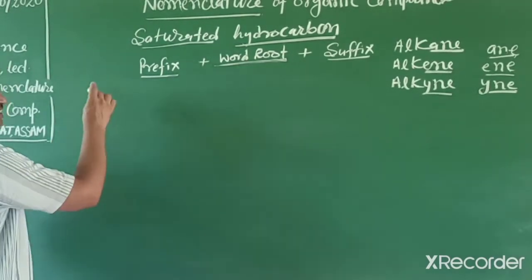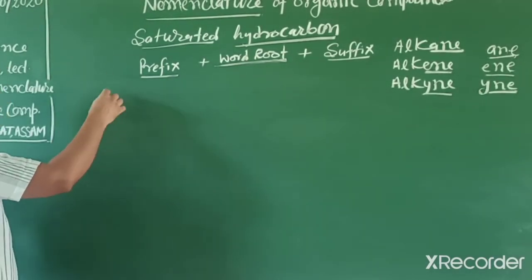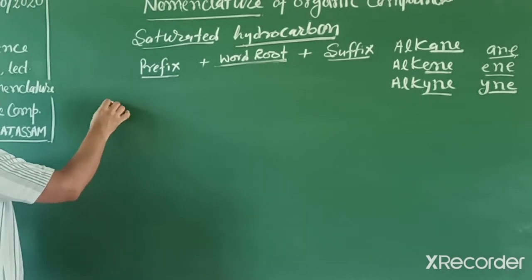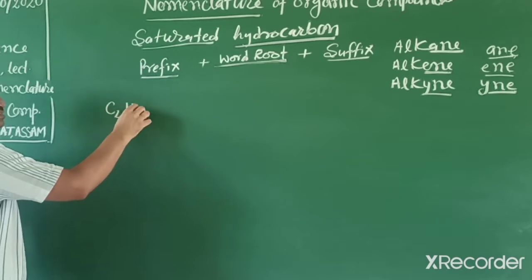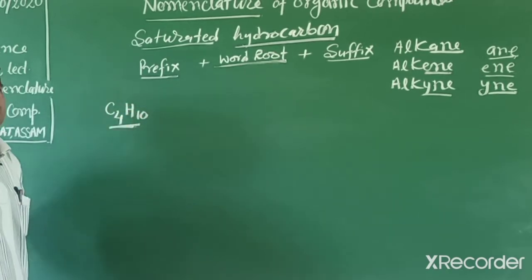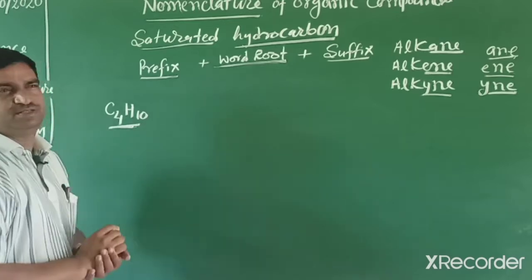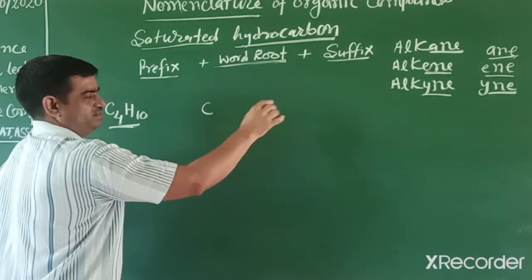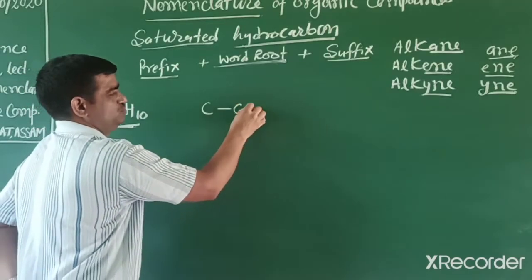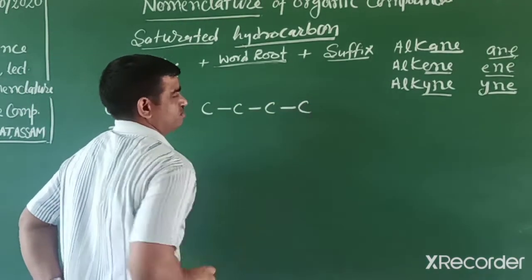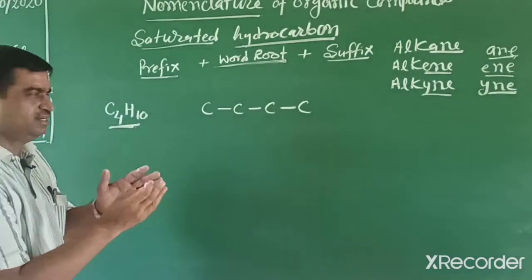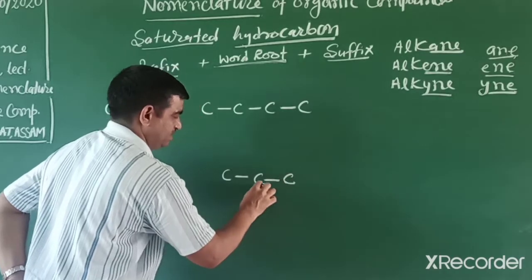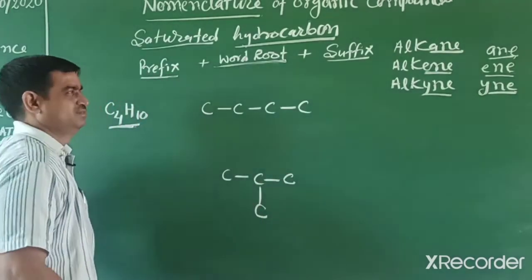So students, we earlier discussed methane, ethane, propane, their IUPAC names, no problem. If we take C4H10, then we get two types of compound. One is a straight line, like we can write here, 1, 2, 3, 4 in this way. The other skeleton we can make like 1, 2, 3 and the other as a side branch.